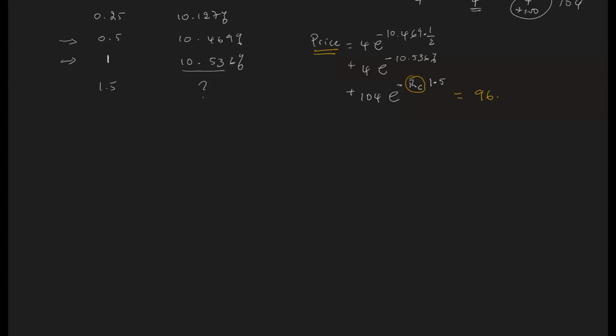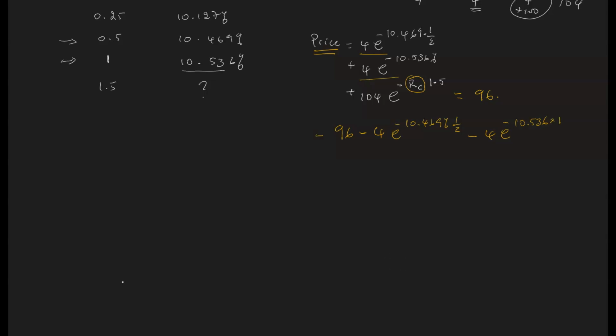So how do we do that? Well, we're simply going to do the following. We're simply going to say $96, which is our price, minus the first payment, $4, that is discounted at the compound yield for that maturity, which is 10.469% for half a year, minus the second one, which is $4, that is discounted at minus 10.536% for 1 year, multiplied by 1.